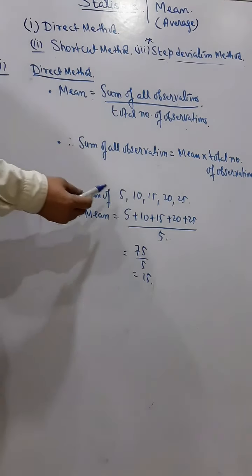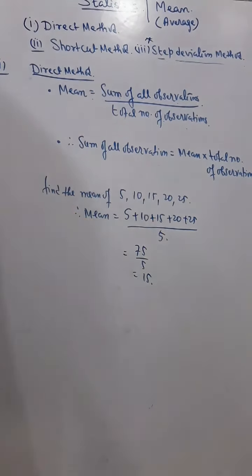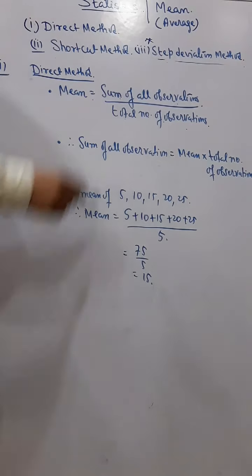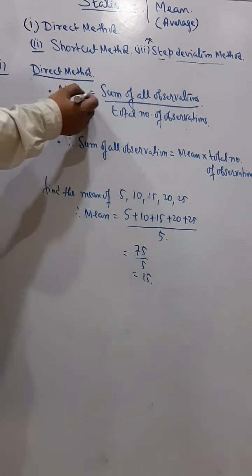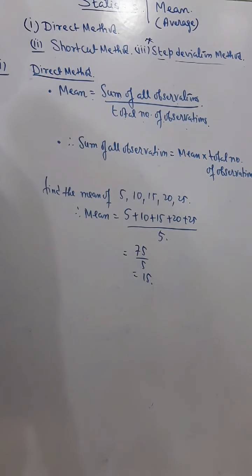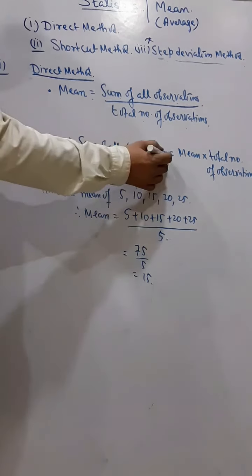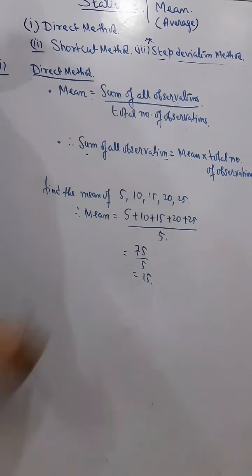But when we have small values and no class intervals, then we do it in direct method. Now what does direct method say? Mean means sum of all observations by total number of observations. Therefore we can also say that sum of all observations means mean into total number of observations.